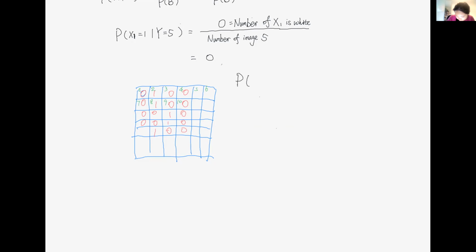The possibility of my first pixel is actually 0 in my case. Of the label, let's say it's 5. Or to make it more complicated, let's say it's 6.